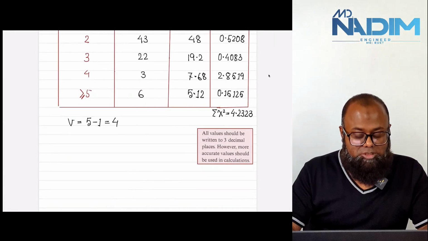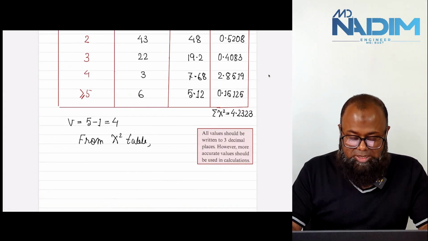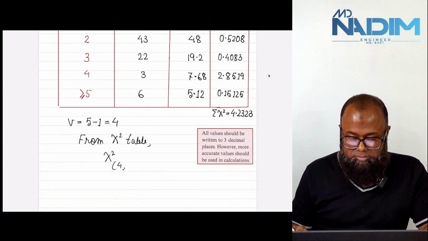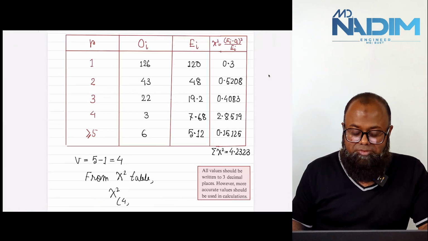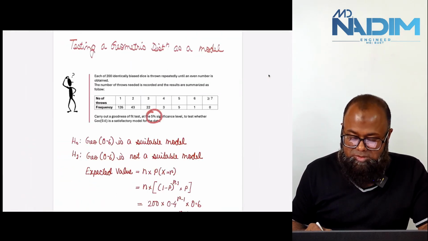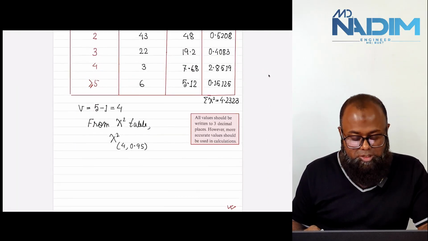Now I will go to the chi-square table and find nu 4, and the significance level was 5%. So 100 minus 5%, that is 0.95.